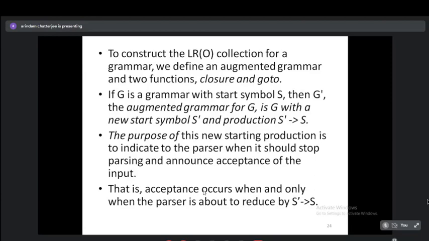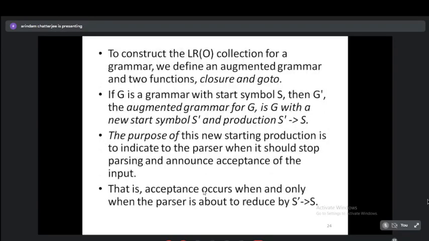So this is the first thing: you produce an augmented grammar. Augmented grammar means add just another rule, S prime producing S. S is the old starting symbol of the grammar, and S prime is the new starting symbol of the grammar. The purpose is written, but I'll explain it anyway. The other thing is define two operations, closure and goto.